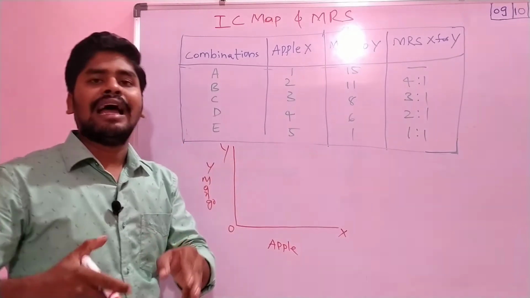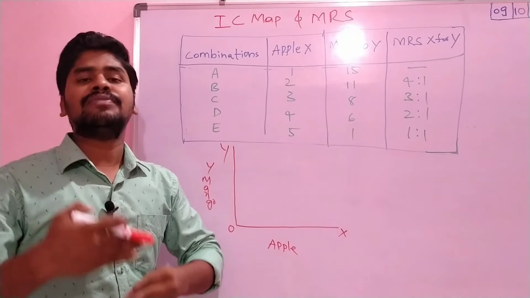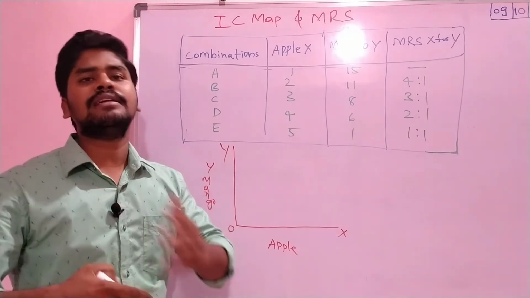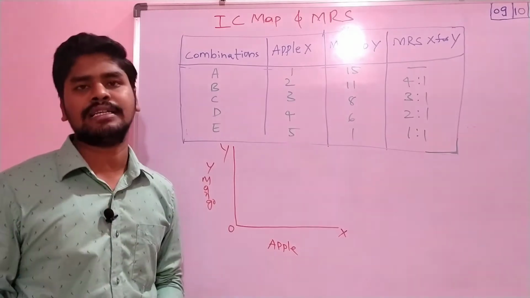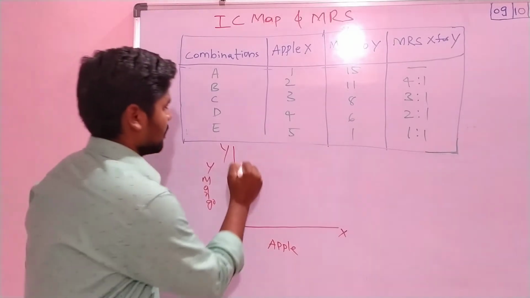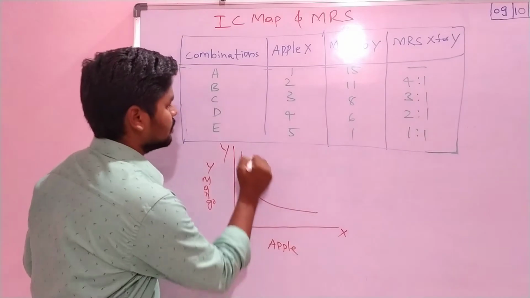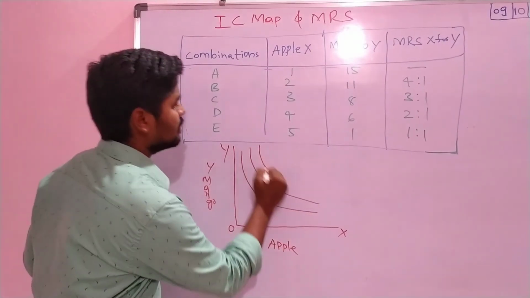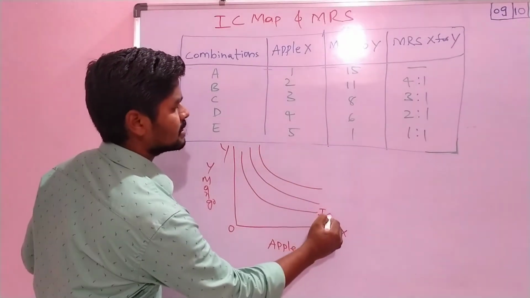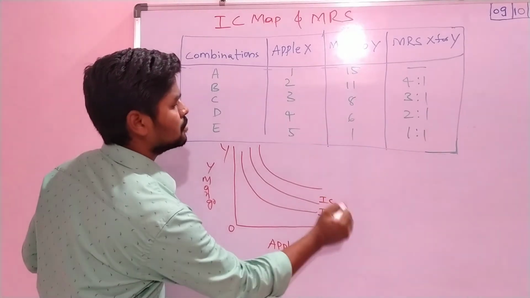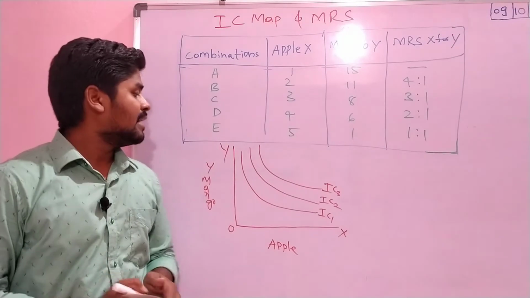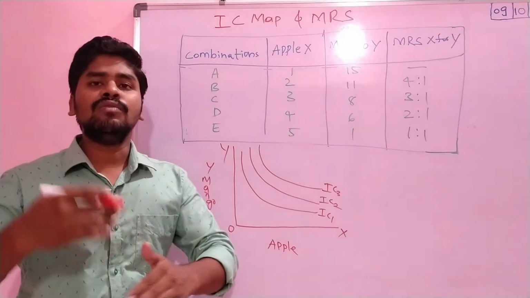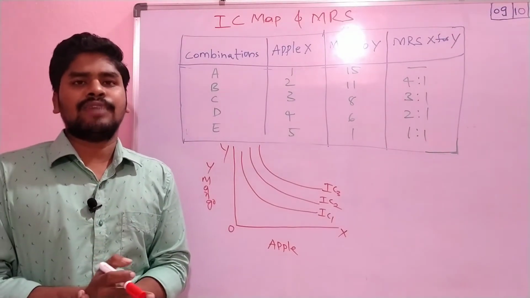We can draw different indifference curves with different levels of satisfaction, like IC1, IC2 and IC3. Various indifference curves give various levels of satisfaction.